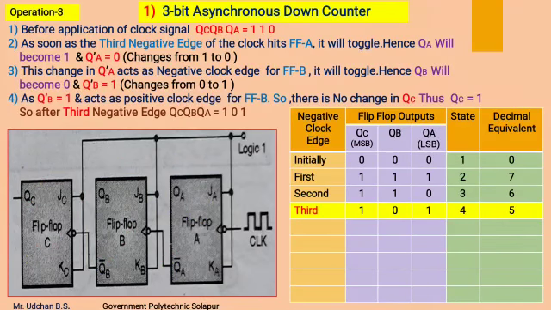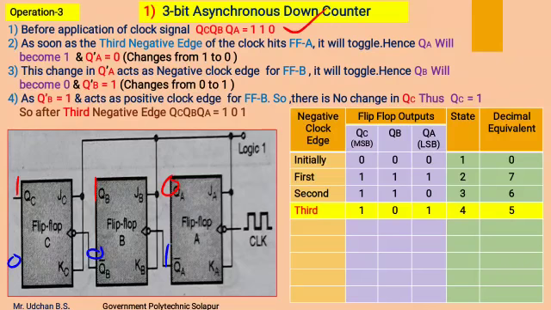Now we will see the operation at the third negative edge of the clock. Before the application of the clock, the outputs are 1 1 0. Their complemented outputs will be 0 0 1.